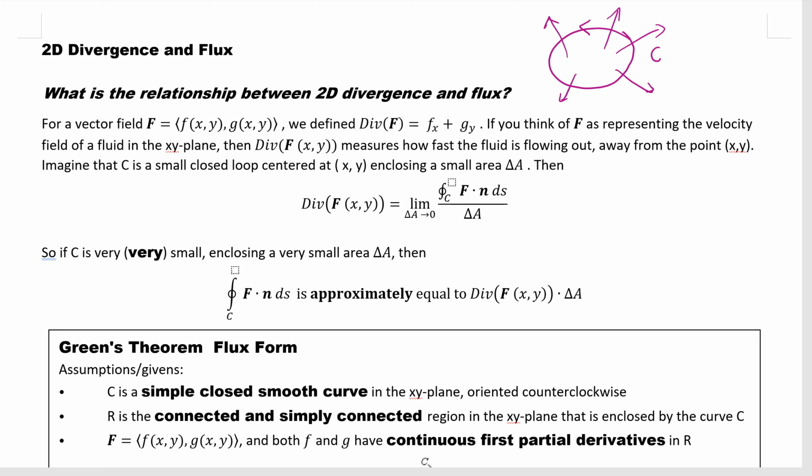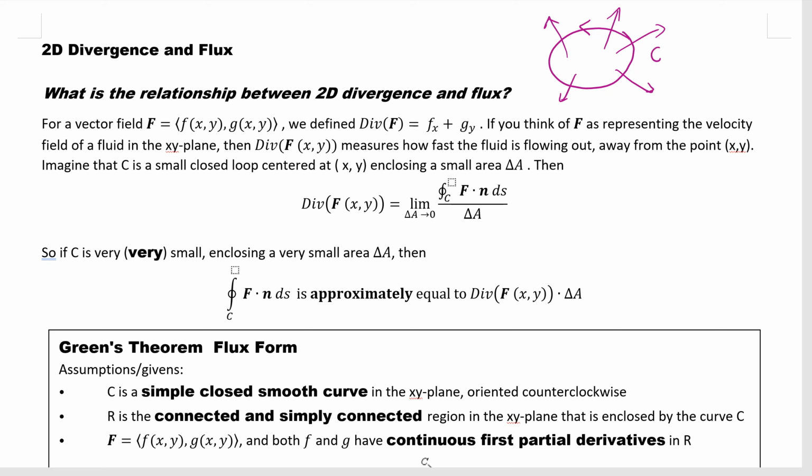So, what is the relation between the two, the divergence and flux? For vector field F, we define the divergence to be Fx plus Gy. If we think of F as representing the velocity field of a fluid in the xy plane, then the divergence measures how fast the fluid is flowing out away from the points.